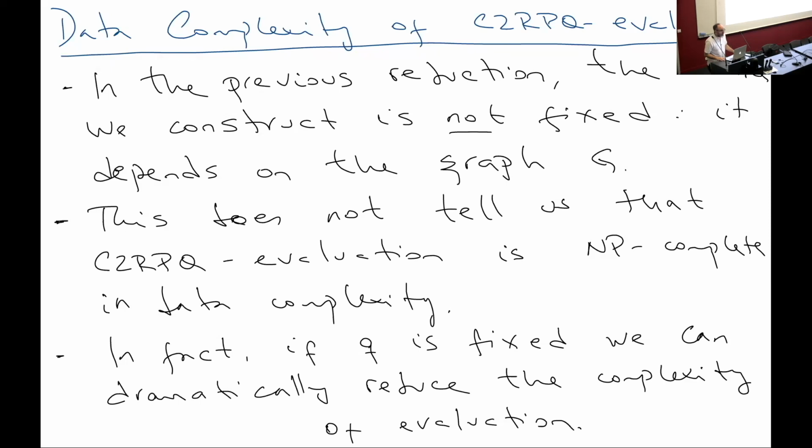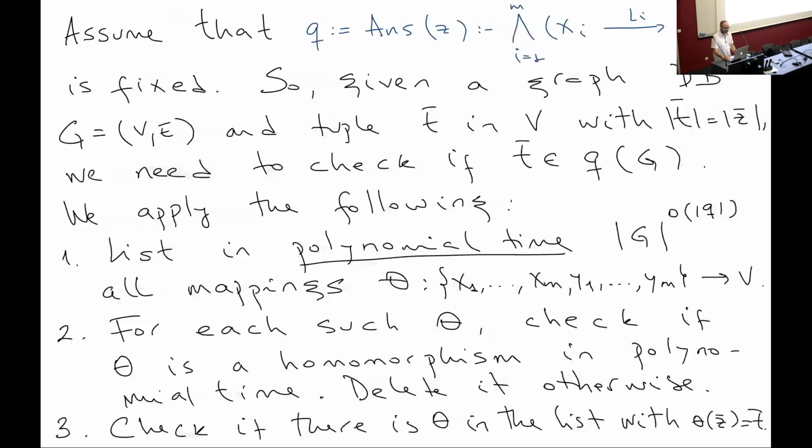In fact, if the query is fixed, then we can reduce the complexity of evaluation. Why can we reduce the complexity of evaluation? Because we only have to check all possible matchings of the variables of the query into the graph database.